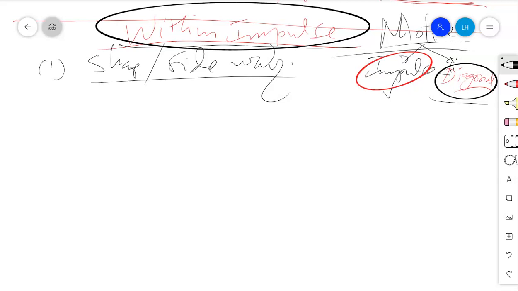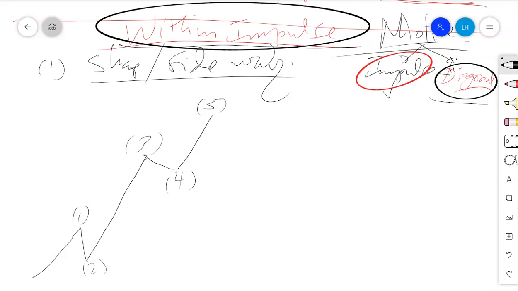So when the market is moving impulsively, we expect that we will have a five wave count in the direction of the higher degree move. The market will move in this way. We'll have this 1, then 2, then this 3, then this 4, and finally this, the last wave, number 5.